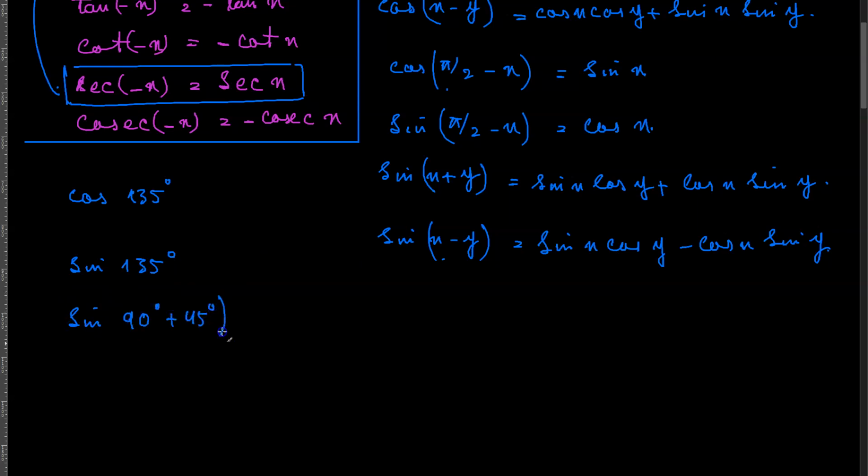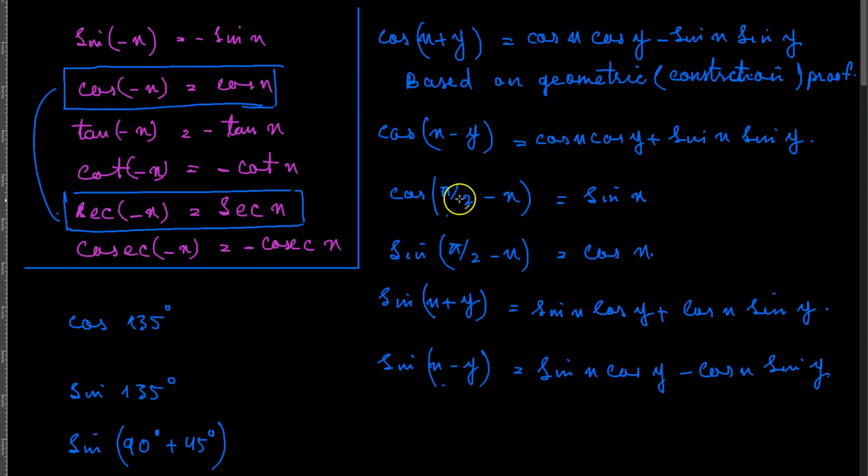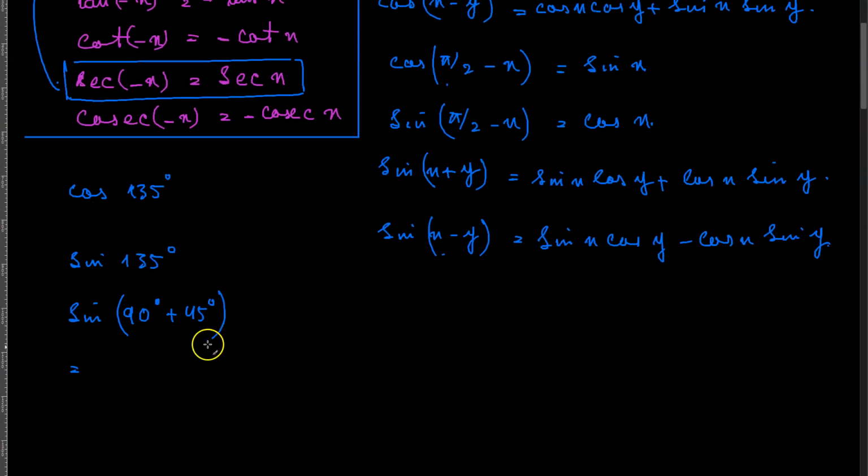degrees. And then you have sine of x plus y. We said that it's equal to sine x cos y plus cos x sine y. So sine 90 degrees cos 45 degrees plus cos 90 degrees sine 45 degrees.